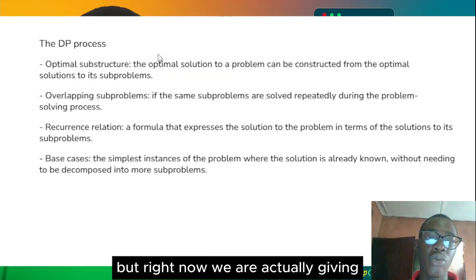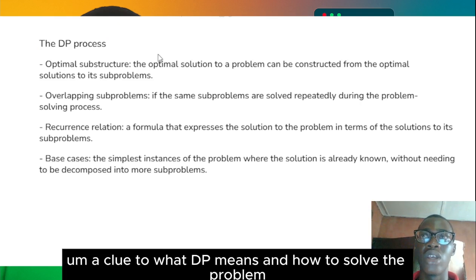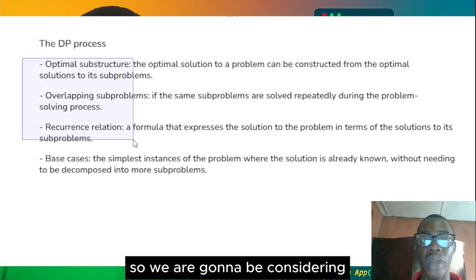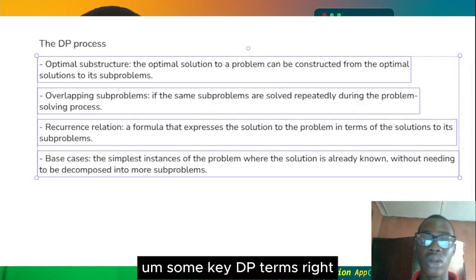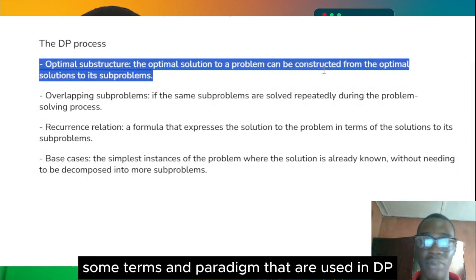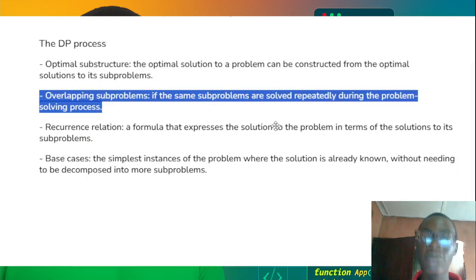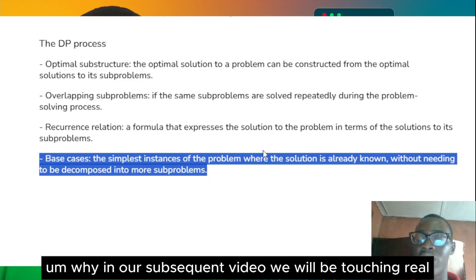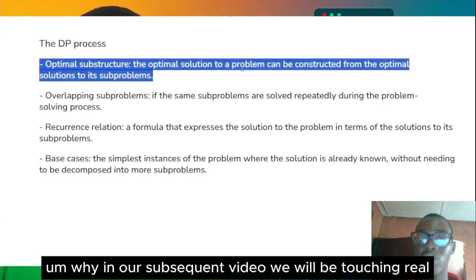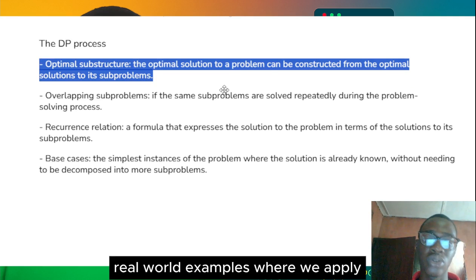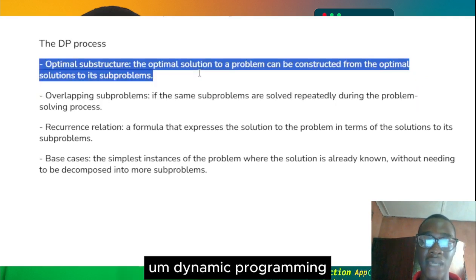But right now we are giving a clue to what DP means and how to solve the problem. So we are going to be considering some key DP terms, some terms and paradigms that are used in DP, while in our subsequent video we will be touching real world examples where we apply dynamic programming.